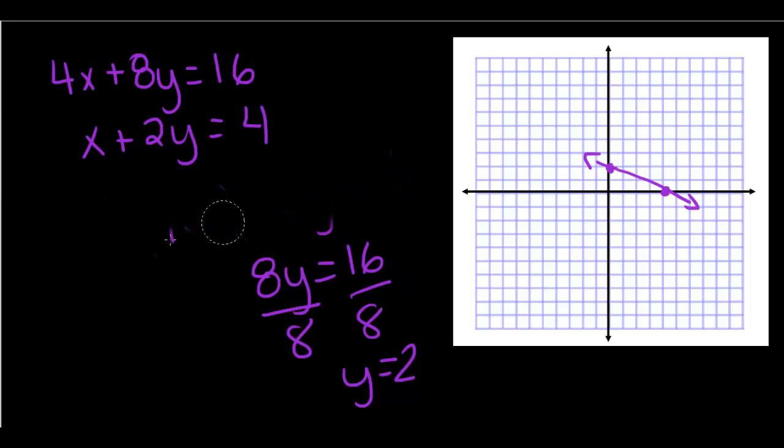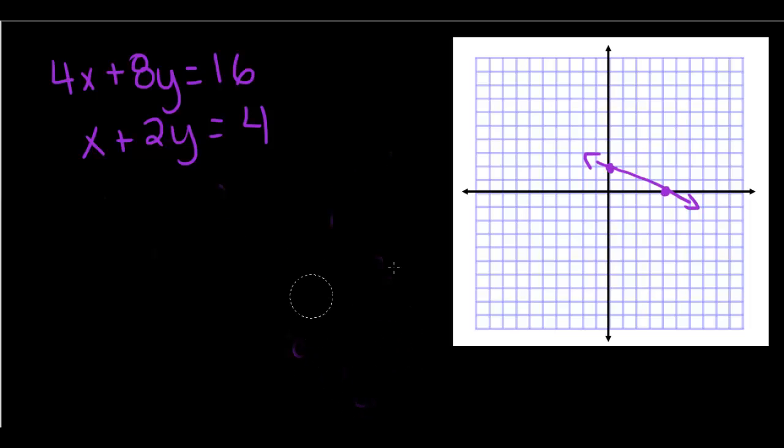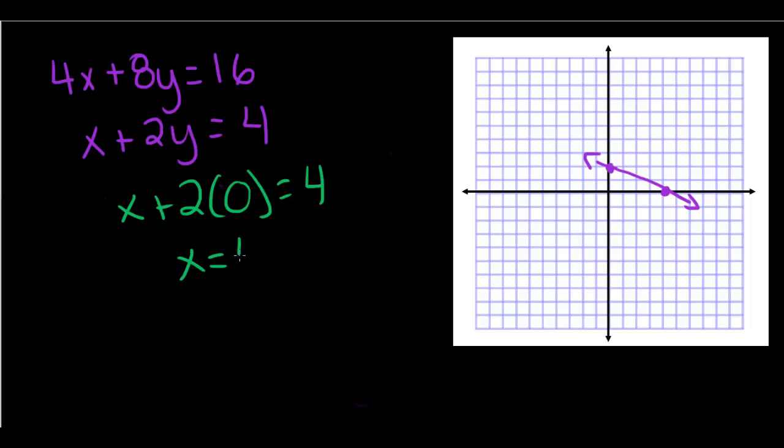Okay. And I'm going to find first the x-intercept. So again, the x-intercept is the value of x when y is 0. So that means that I'm going to have x plus 2 times 0 equals 4. x equals 4. 1, 2, 3, 4. So that means the line is going to go through this point.